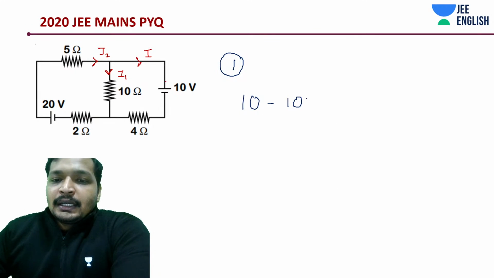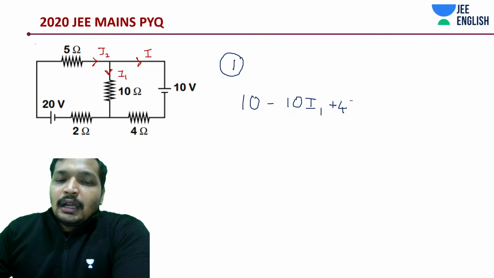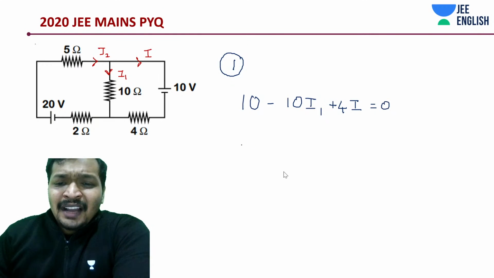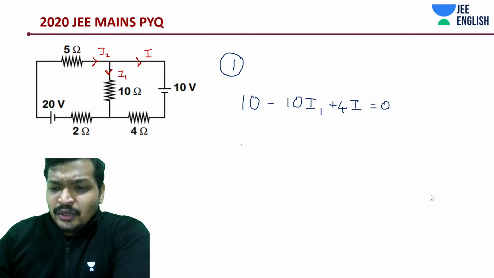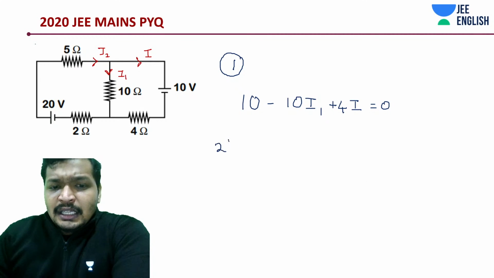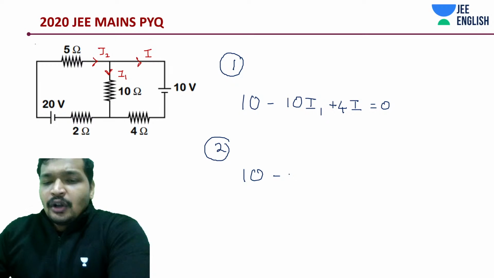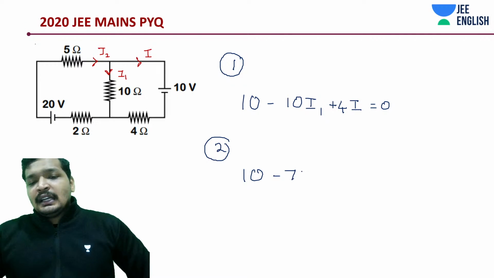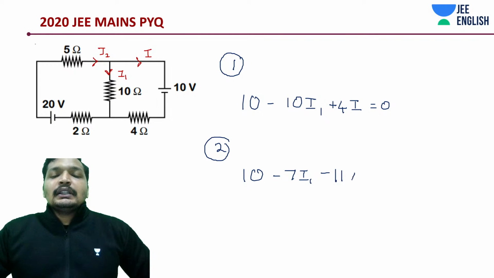We would have something like 10 minus 10 I1 plus 4I. Okay, then we have equation 2. Writing down step by step. Equation 2: 10 minus 7 I1 minus 11, 7 plus 4, 11 I.